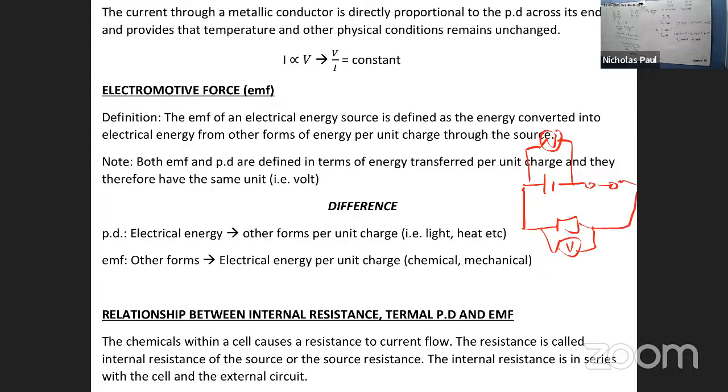We're measuring the source, but of course, if it's open, are you measuring EMF or PD? The one on top is from the source, so if the circuit is open, you're measuring EMF. And the one underneath here is PD.